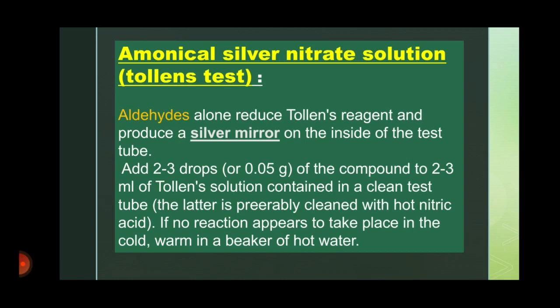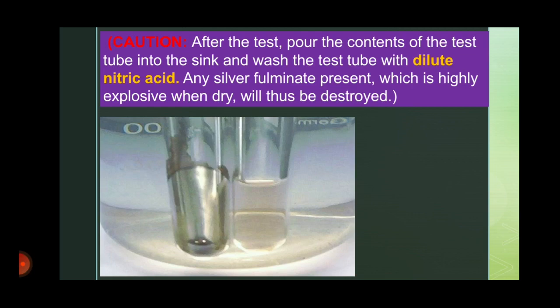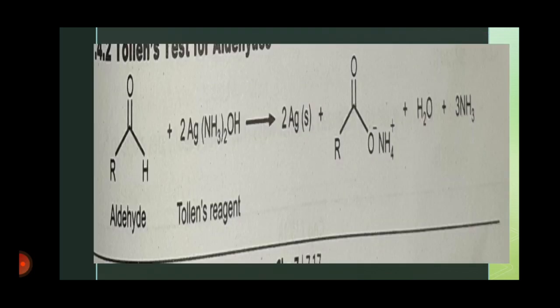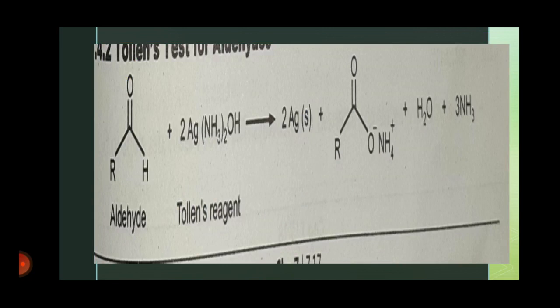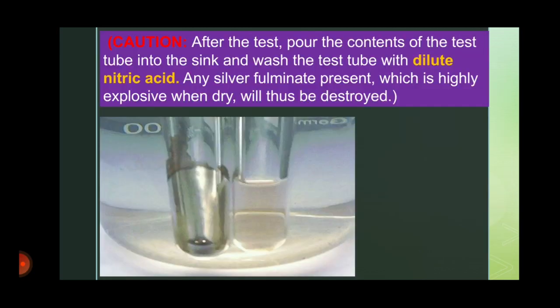Then the second test is the Tollens test. In the Tollens test, we need to remember that we find a silver mirror inside the test tube. So how is the reaction carried out? 2-3 drops of the aldehyde are added to 2-3 ml of Tollens reagent to form the silver mirror in the test tube.